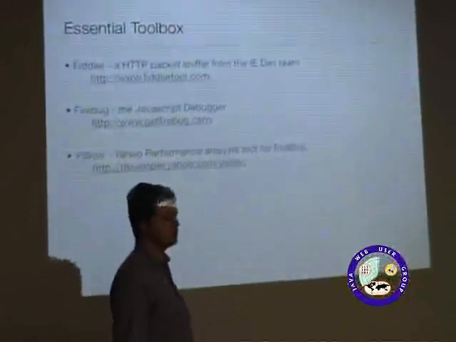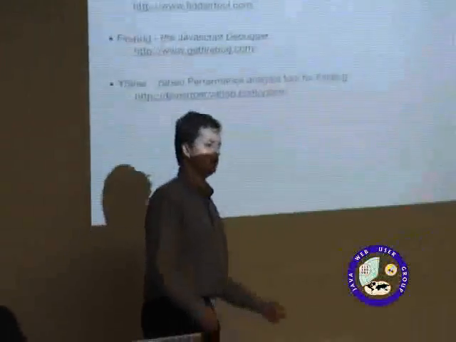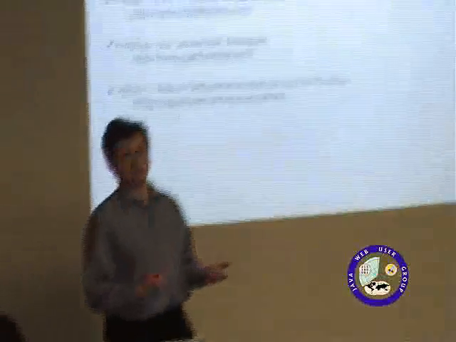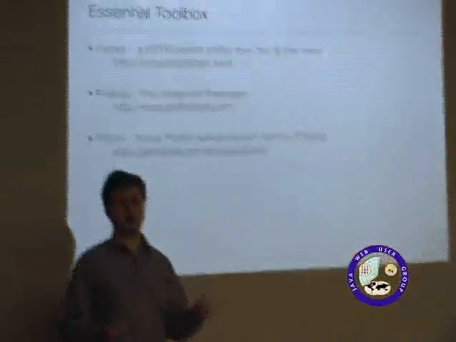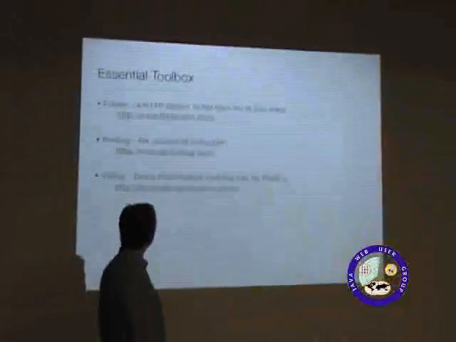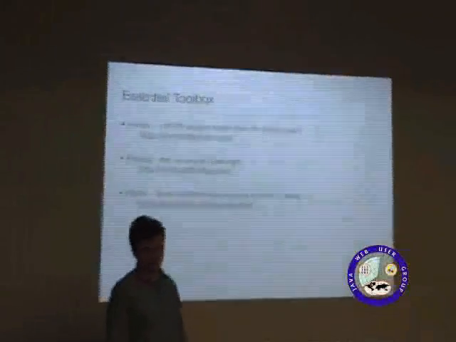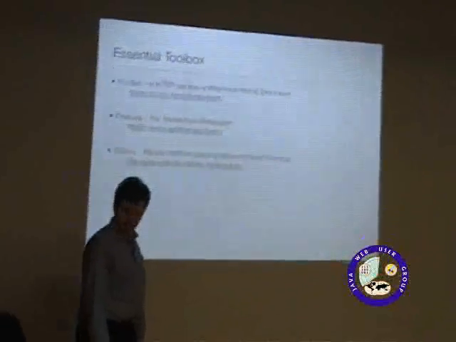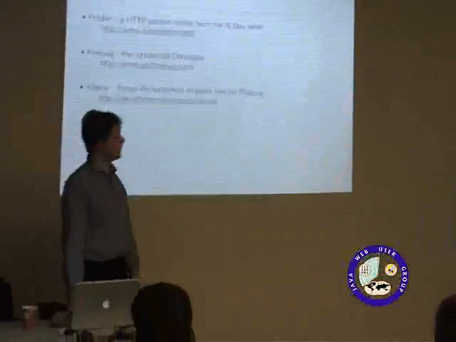It does everything. It's so useful because you can replay requests and fiddle with them and see what happens if you change the parameters. See what happens if you change the headers. You can capture traffic. It's great. And of course, Firebug, which you've seen a little bit of. It makes JavaScript debugging not suck.